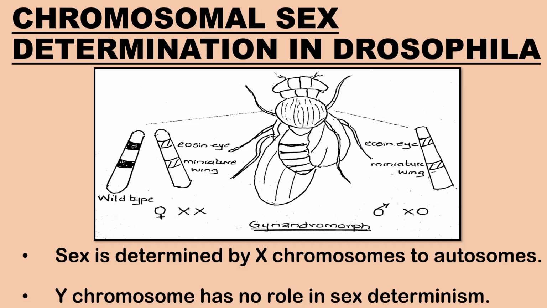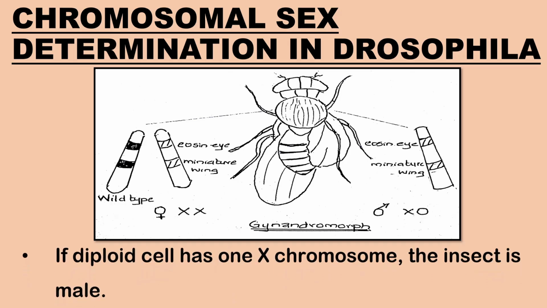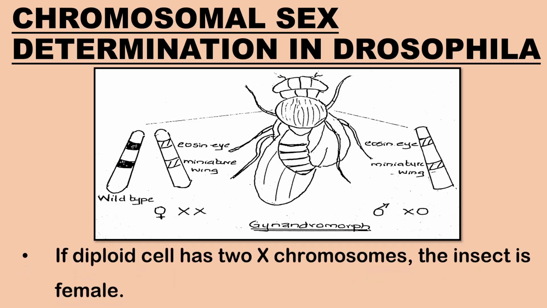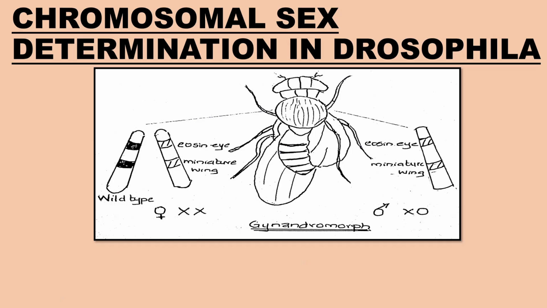The Y chromosome has no role in sex determination but is essential for fertility of the male sex, as it contains genes which are capable of forming sperms. If the diploid cell has one X chromosome, the insect is male. If the diploid cell has 2 X chromosomes, the fly is female.